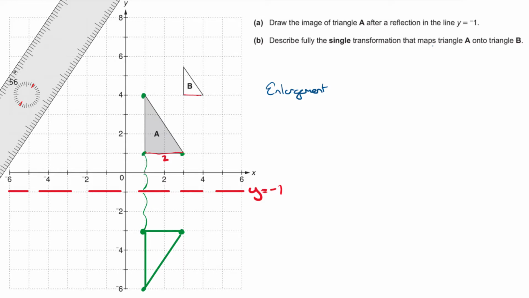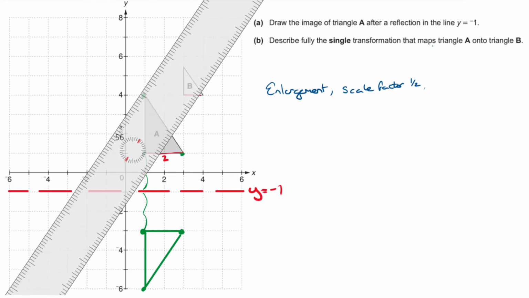So the scale factor has changed it from 2 to 1. In other words, it's half, isn't it? So I'm going to write that down for my second mark. So it's an enlargement scale factor of 1/2.